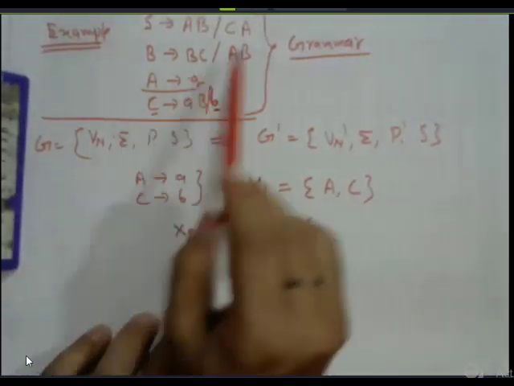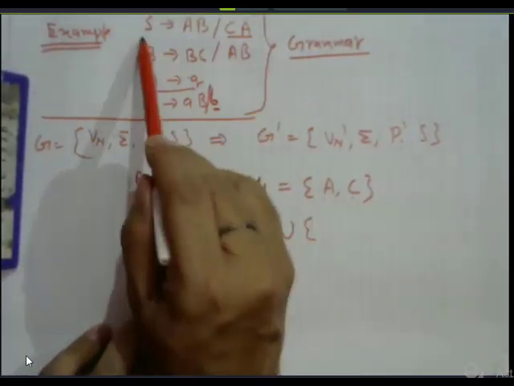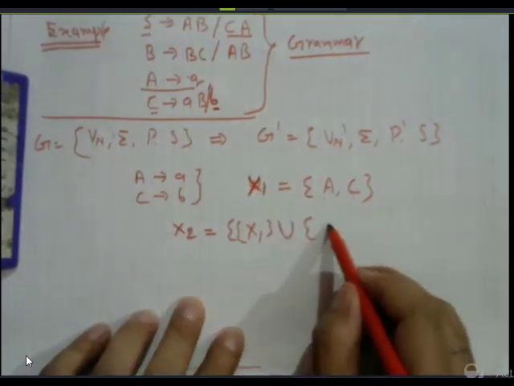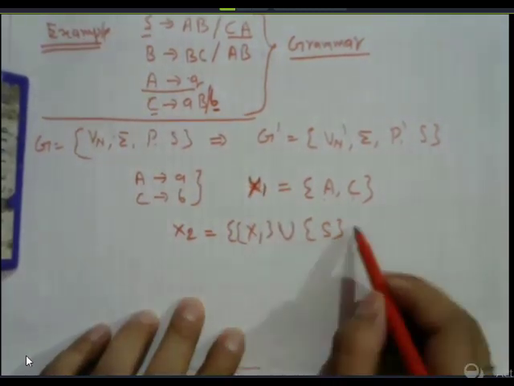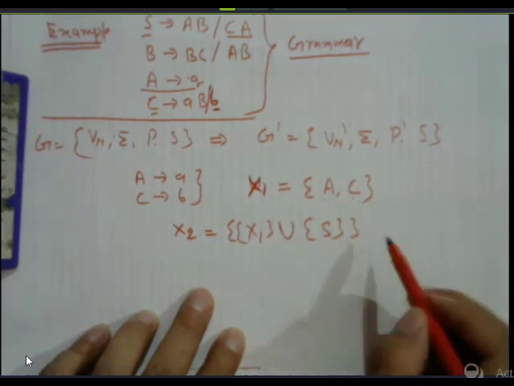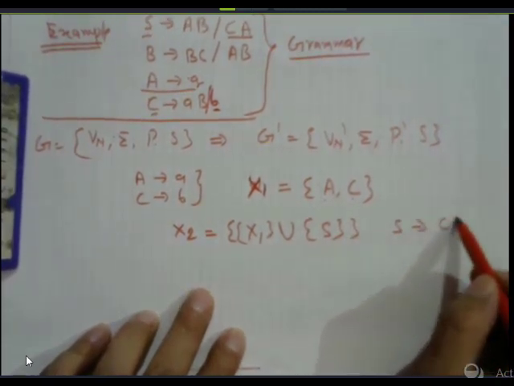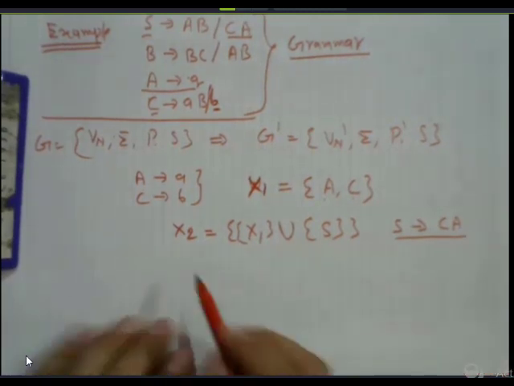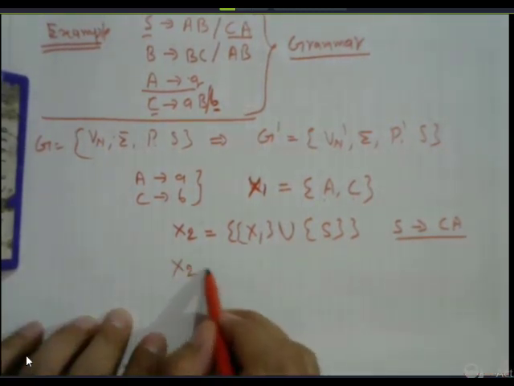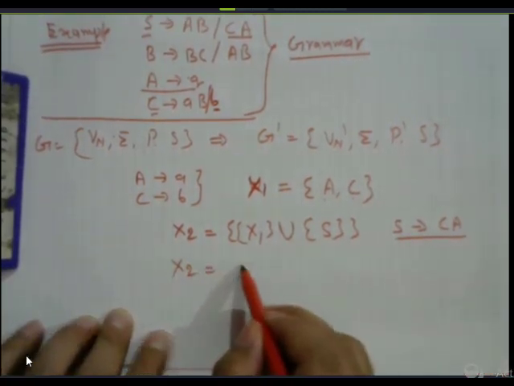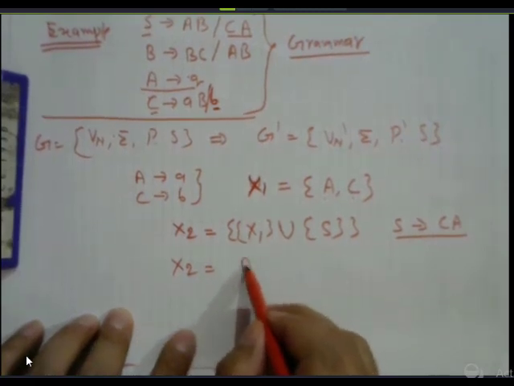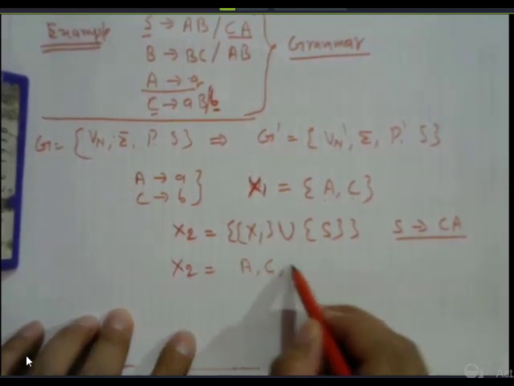Then A and C can produce with the help of S, because S can produce CA. That is the rule. Then X2 is equal to A, C, S.